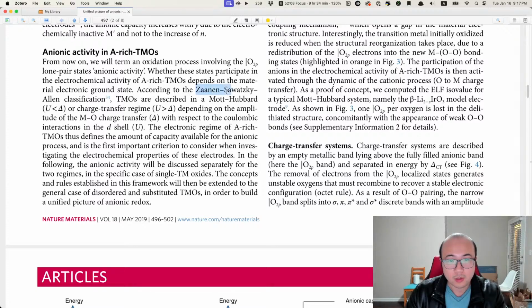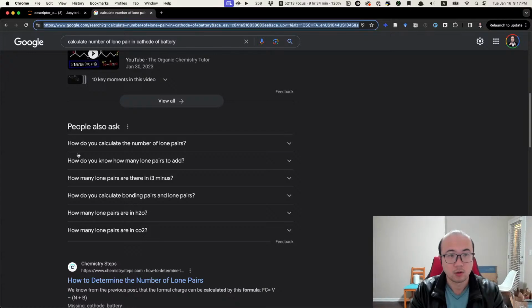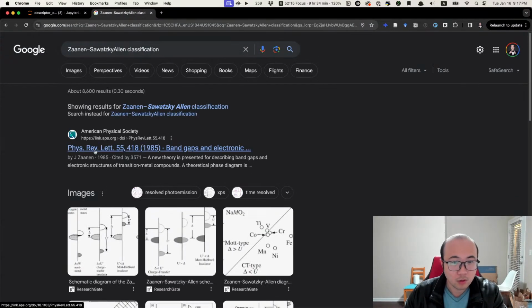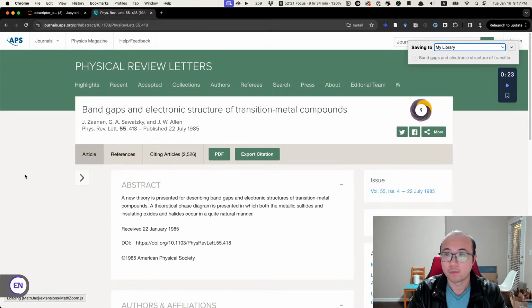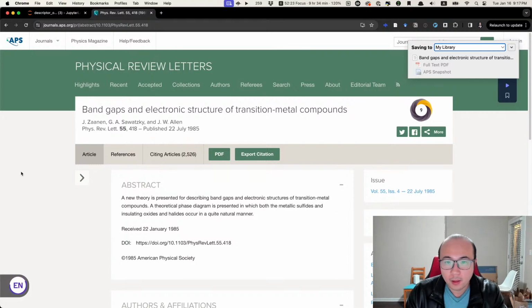Okay, let's see what this means. Band gaps and the electronic structure.